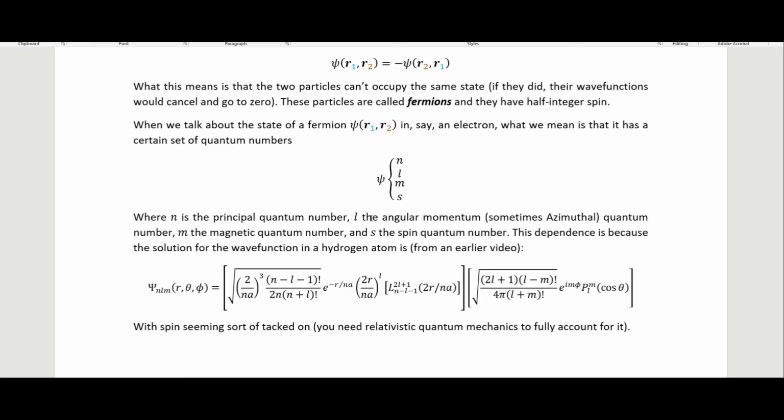So one has to be spin up, one spin down. If it's symmetric with spin, then it has to be antisymmetric in space, which means that one of the numbers N, L, or M has to be different. And so that is the take-home message from this whole video.